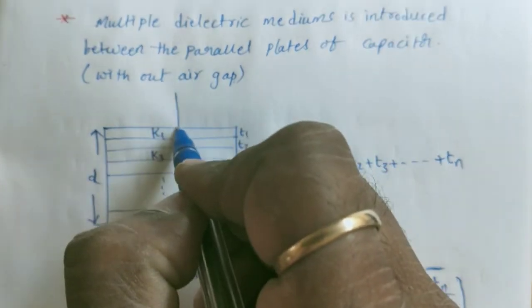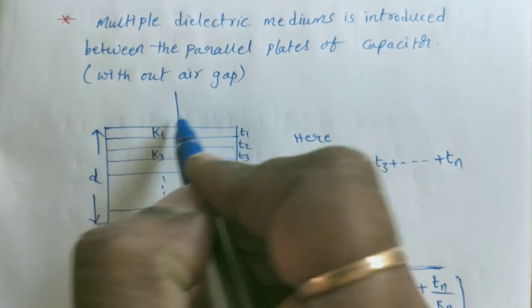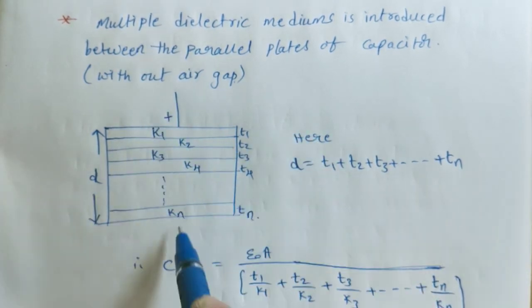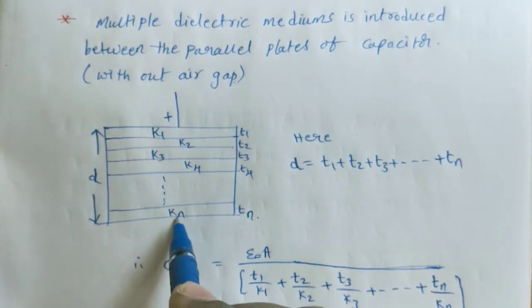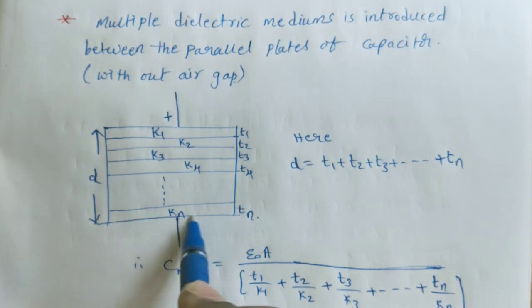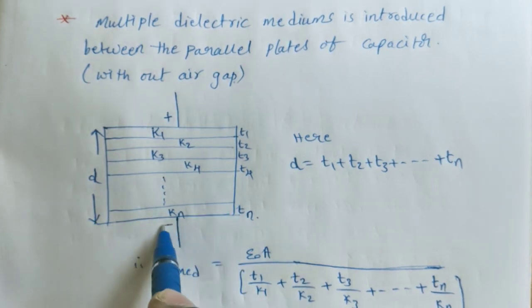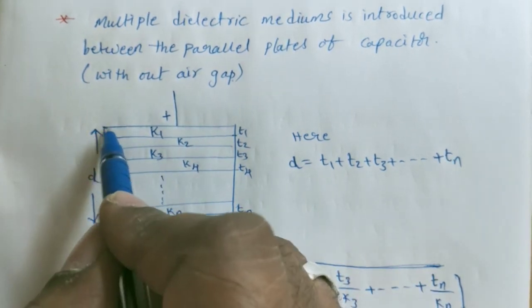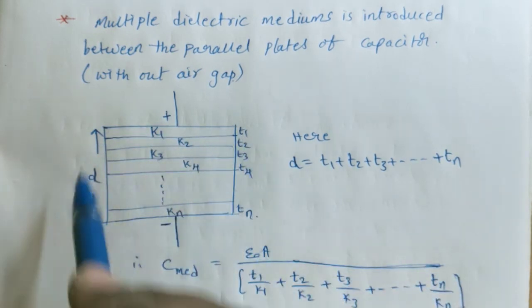For example, this is one plate of the capacitor, positively charged, and this is another plate with a negative charge. The gap is filled with different dielectric slabs.